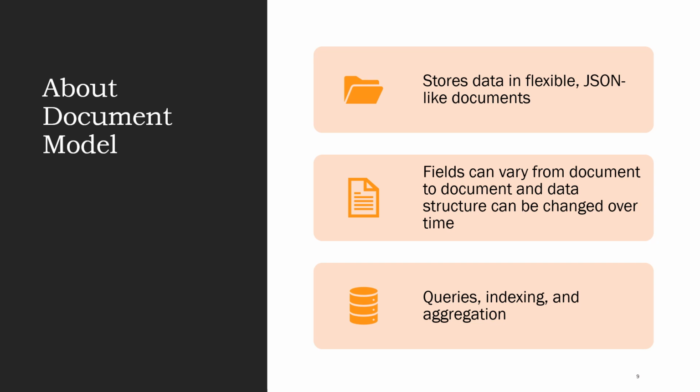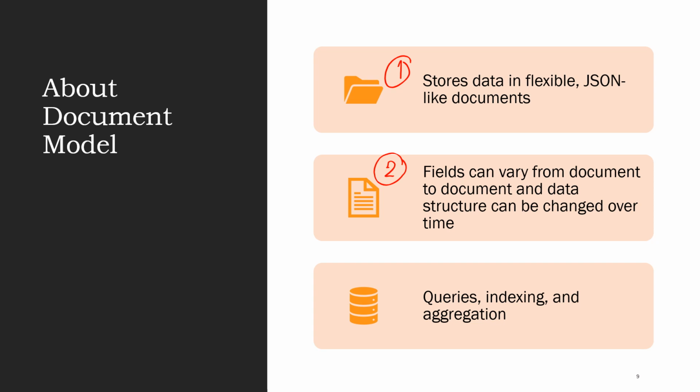Let's summarize here about the document model concept. First, we can use it to store data in flexible JSON-like documents. Second, the fields or the attributes in a document can vary from one document to another. That means the data structure of a document may not be exactly the same as another document.